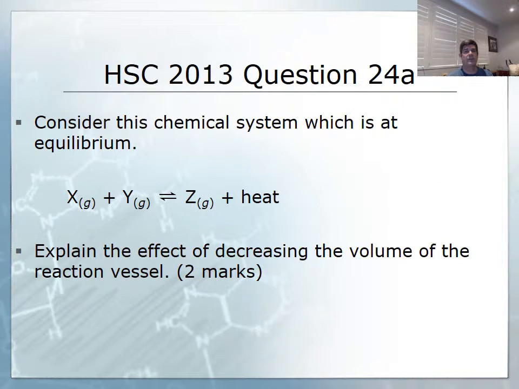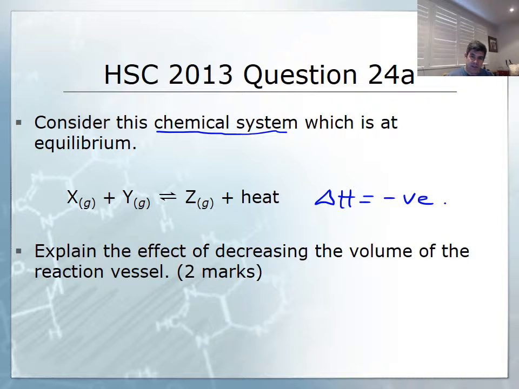So here's a question from the 2013 HSC paper, in question 24A. Consider the chemical system below which is at equilibrium. X gas plus Y gas gives Z gas plus heat. Plus heat means the delta H value must be negative. Explain the effect of decreasing the volume of the reaction vessel.